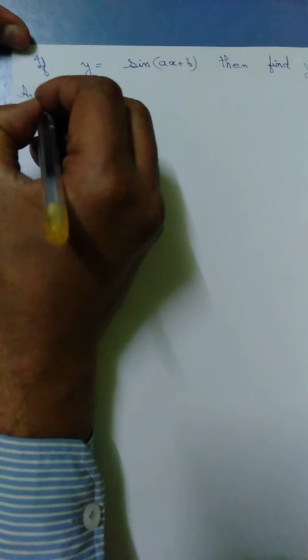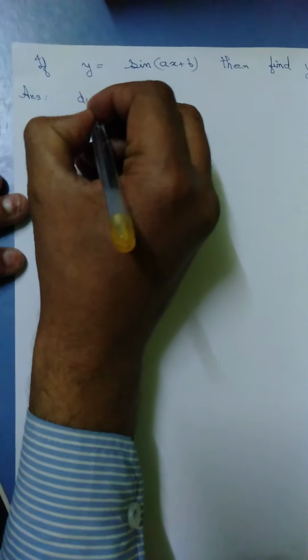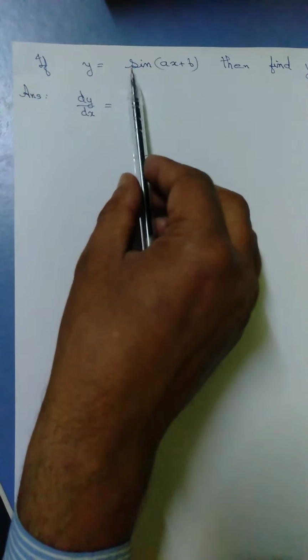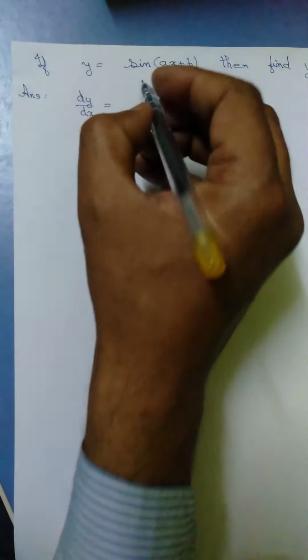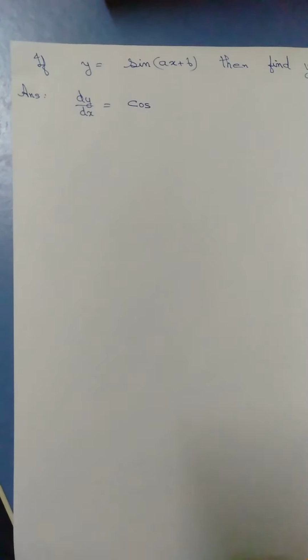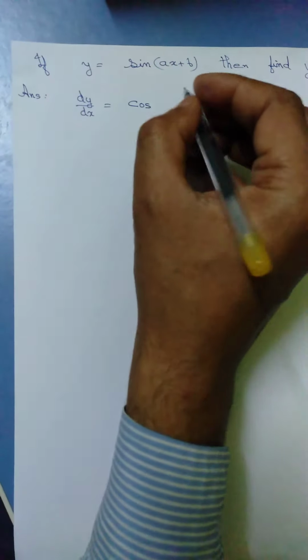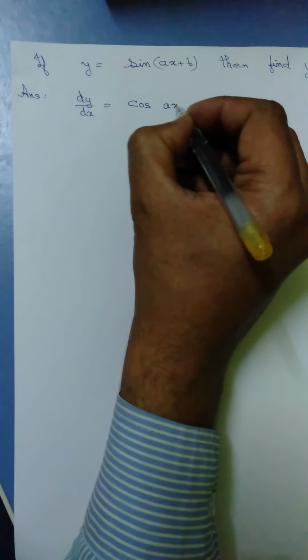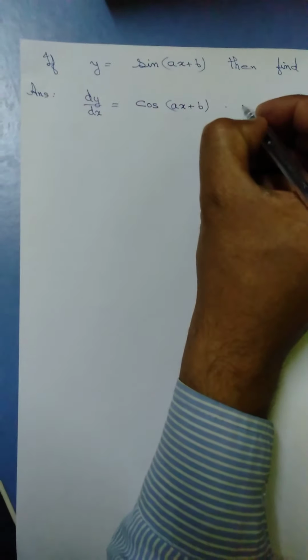Answer. Well, dy by dx, if you differentiate both sides with respect to x, the derivative of sine is cos ax plus b into the derivative of ax plus b, which is just a.